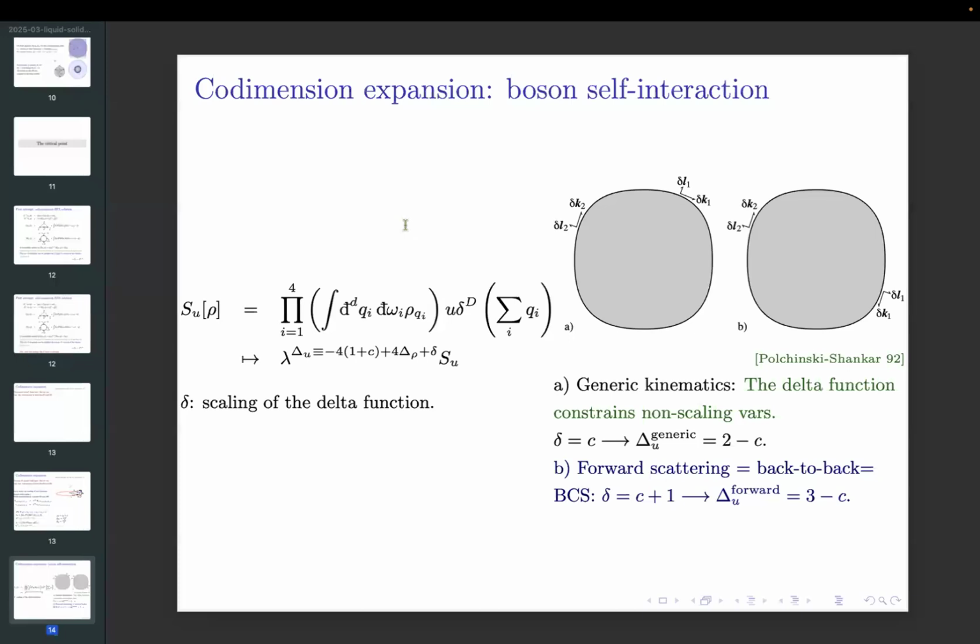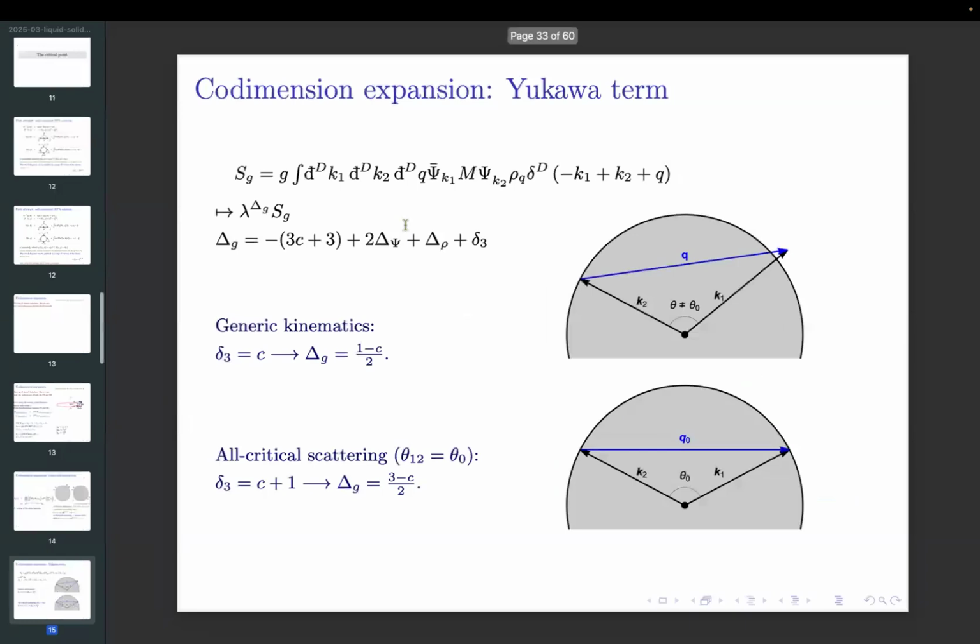For generic kinematics, the delta function spends its life constraining non-scaling variables, and the dimension is 2 minus c. Whereas for forward scattering, which by Bose symmetry is the same as the BCS channel, because rho is a real variable, it's more relevant and its dimension is 3 minus c. Okay, so remember that 3 minus c. Now let's think about the Yukawa term. A similar thing happens for generic kinematics.